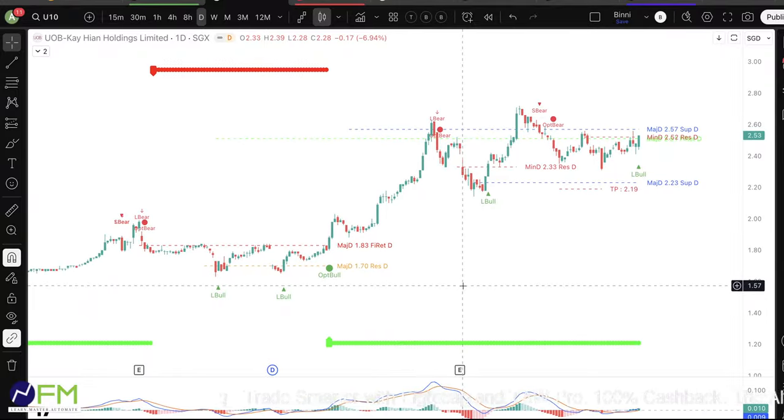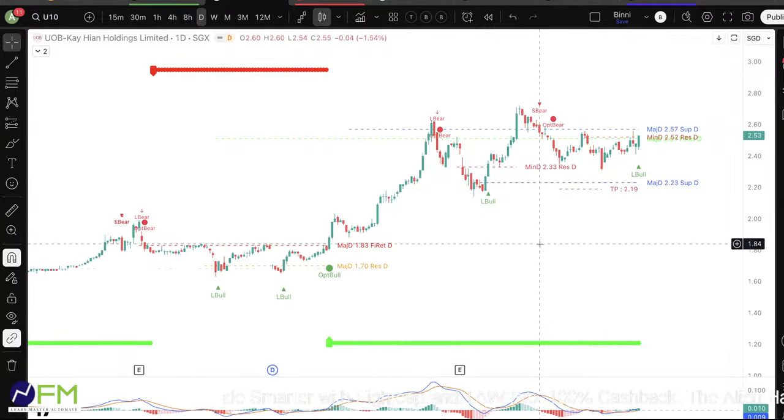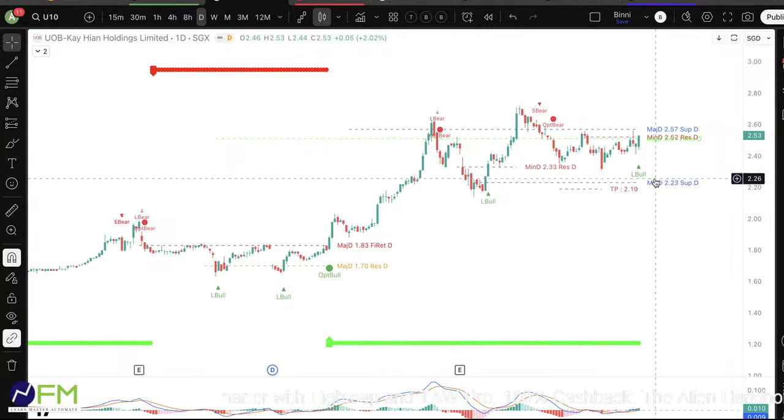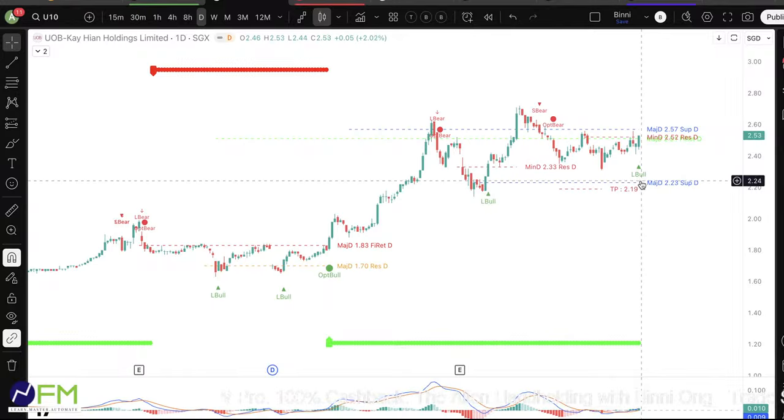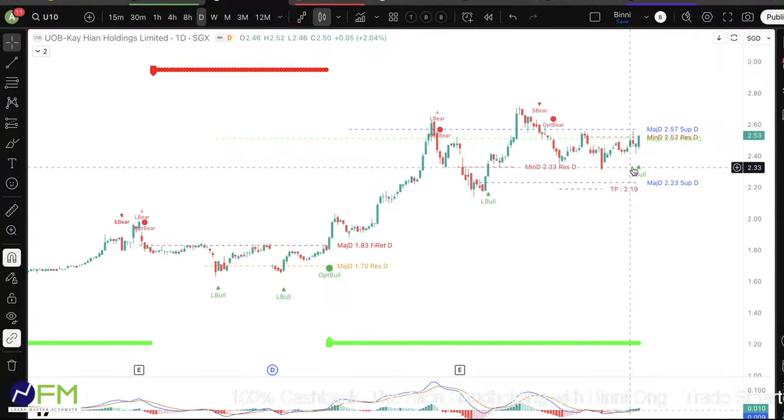I think that this is the first time that they're seeing it. So these would be the signals that happened today. This is an L bull signal. You just have to recognize that it's green in color, so it is a bullish signal. And I rely very much on this signal here.